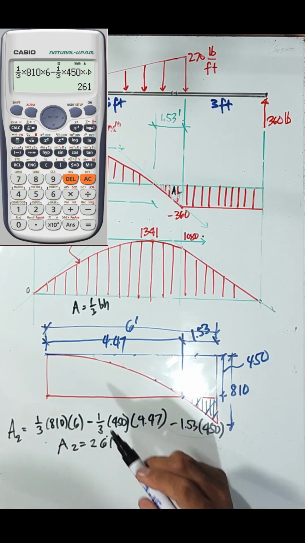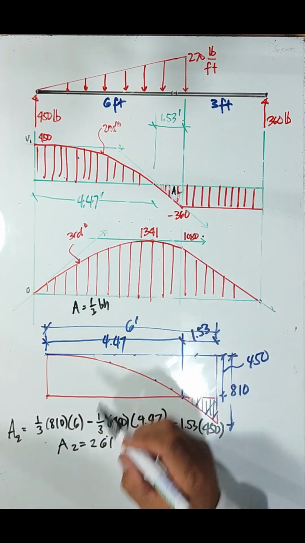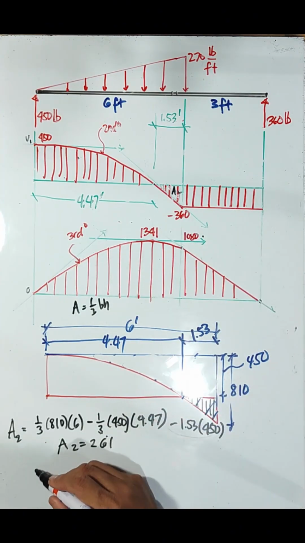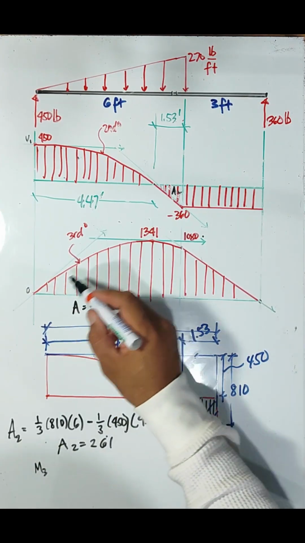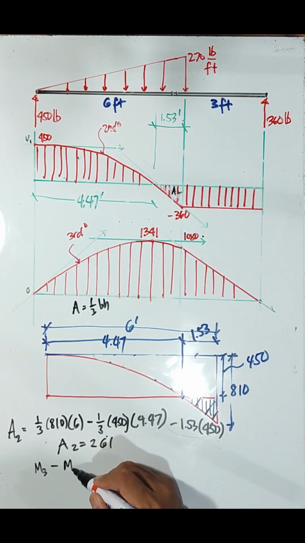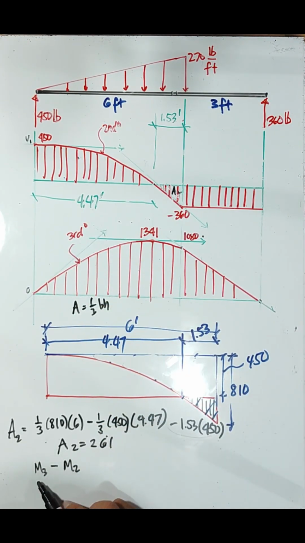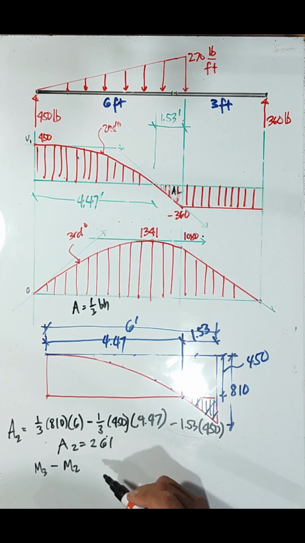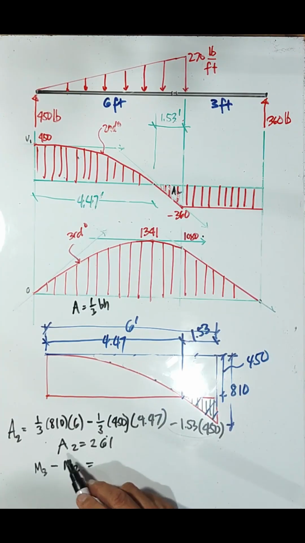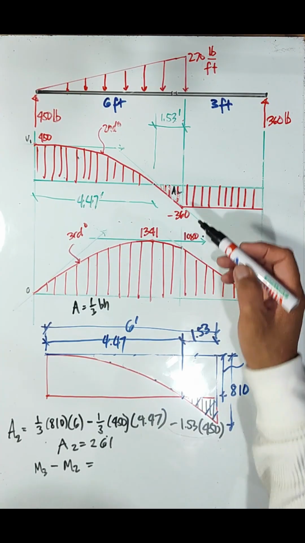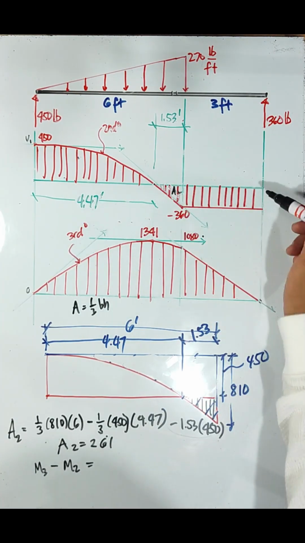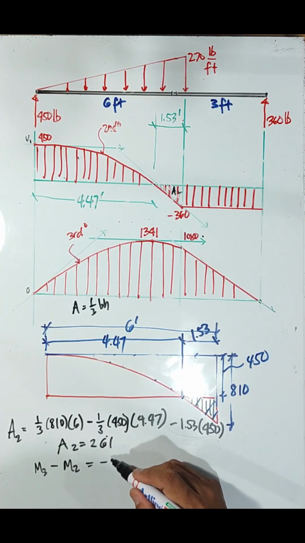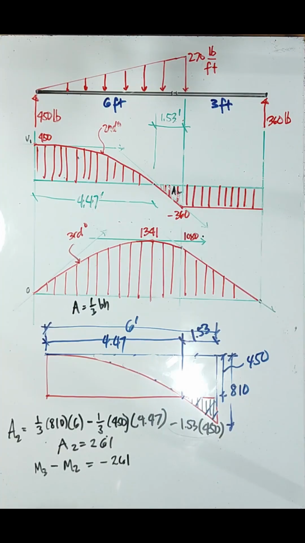261. So if this is 1, 2, 3, M3, and this is M2, the change in moment from M2 to M3 is equal to area 2. But this is a negative area here, it's below the 0 line, so just write minus 261.